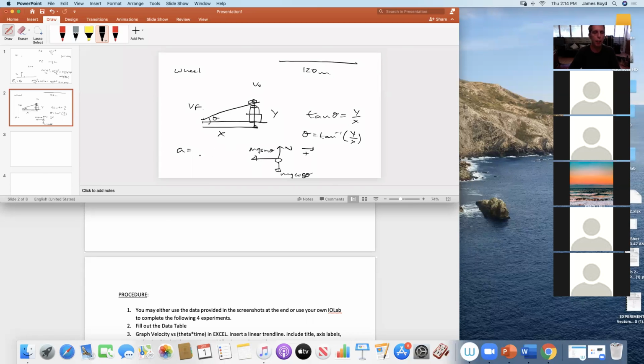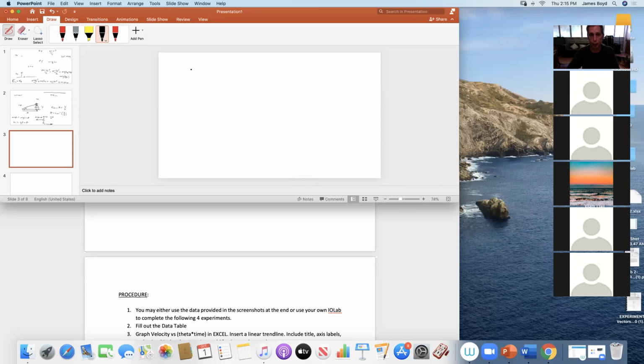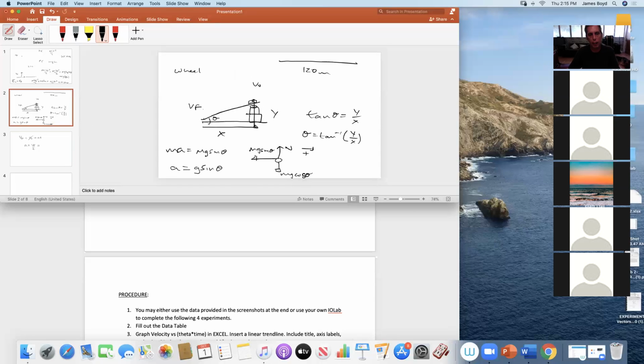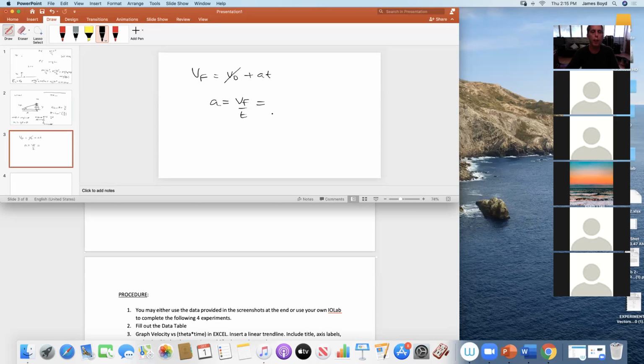So MA ends up being mg sine theta, or A is g sine theta. Now, we know from constant acceleration that V final equals V initial plus AT. Assuming we start from rest, A is V final over T. But A is, canceling the M's, g sine theta.